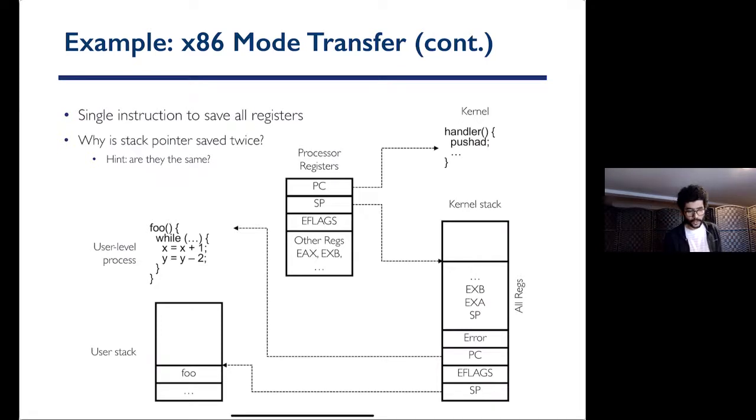Now, you have to notice there are two SPs here. And I usually ask the students, are these two the same? And the answer is no, they're not. This SP is the SP that the hardware copied for us, and it points to the user stack. This SP is the SP that was pushed because of this instruction, push AD, right?